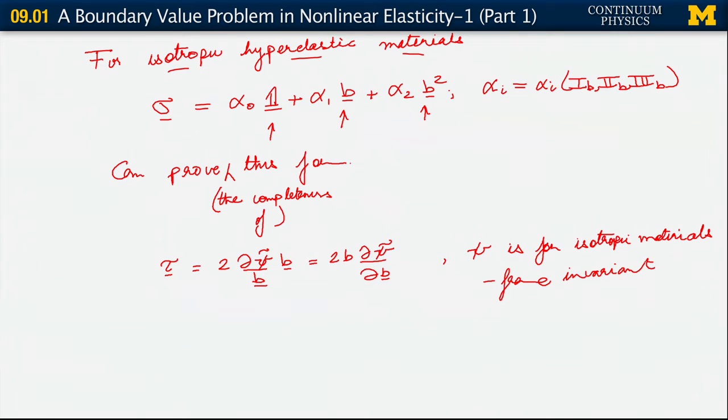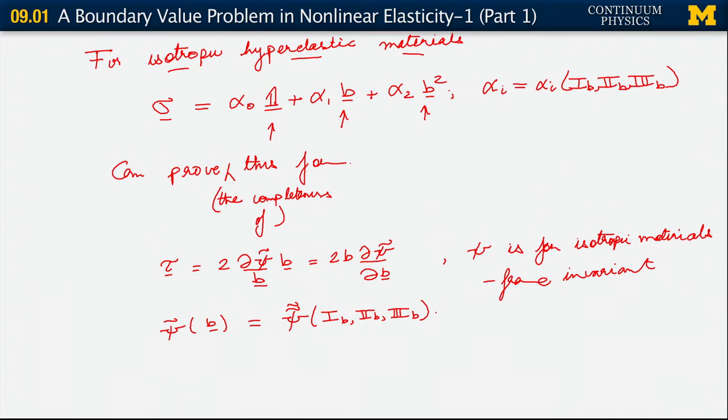What this means is that psi hat of b must be representable as, now I forget what kind of decoration we used on this, but I'm going to use psi double tilde here. The fact that it is isotropic as well as frame invariant means that we've got to be able to write it as a function of the invariants of b.